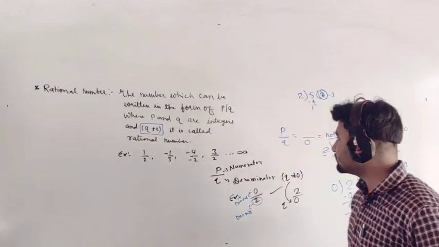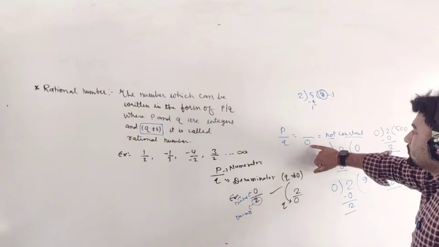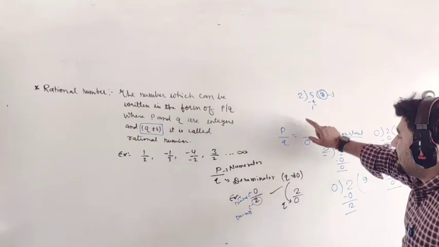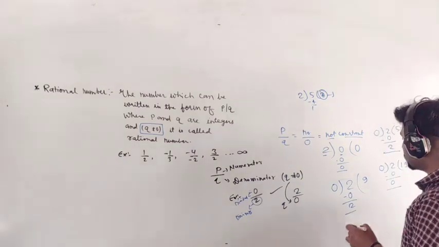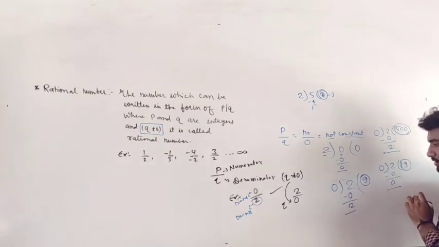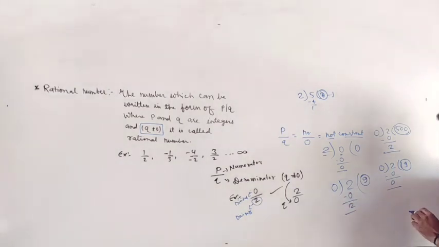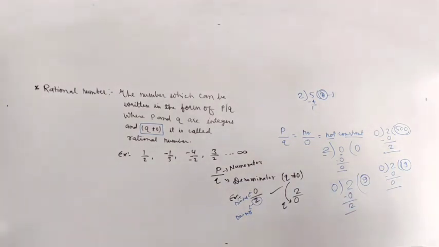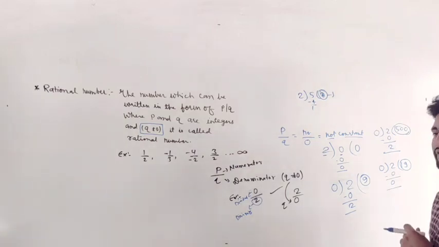But here, when q is 0 and p is any kind of number, then we get different numbers. So here, if the divisor is 0 and the dividend is 2, when we do the calculation, other kinds of numbers come. So means what? Its numerical value is not fixed.